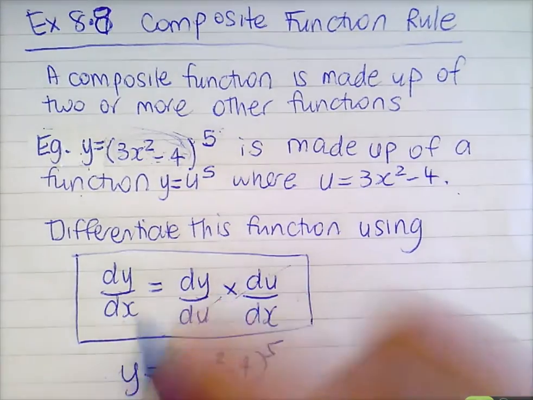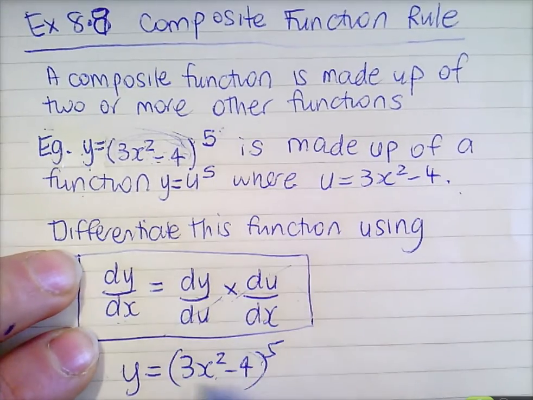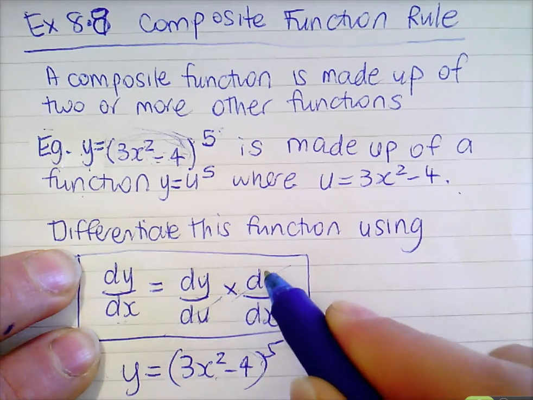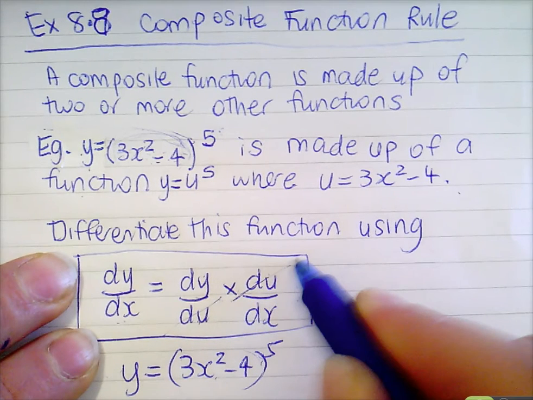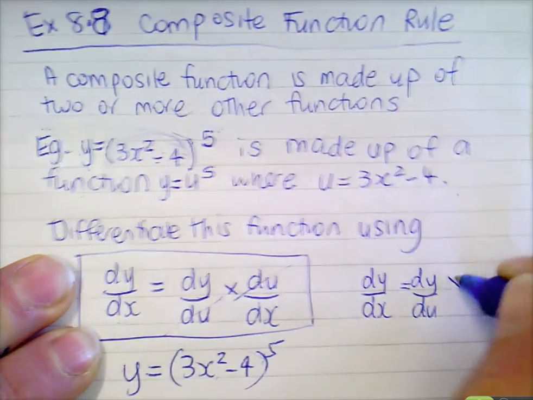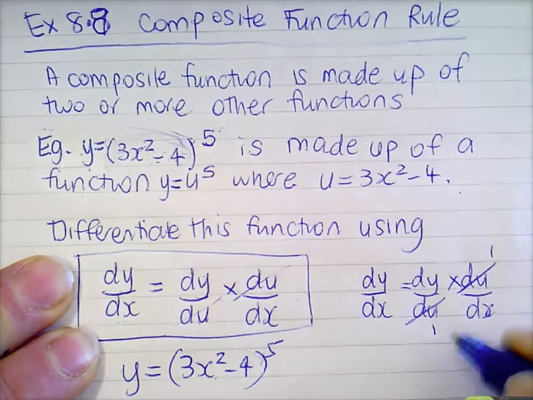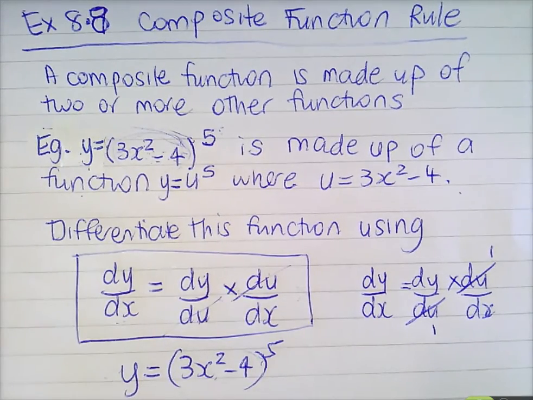So we want to find dy/dx, but to do that, if we let this equal u, we do dy/du times du/dx, knowing that the du's will cancel. I'll show you that over here. dy/dx is dy/du times du/dx. If I cancel the du's and put ones in their place, I get dy/dx. Does that make sense? So this is how it works.